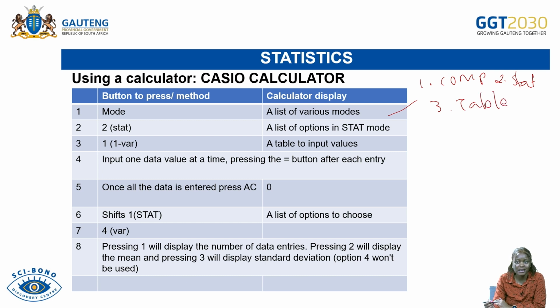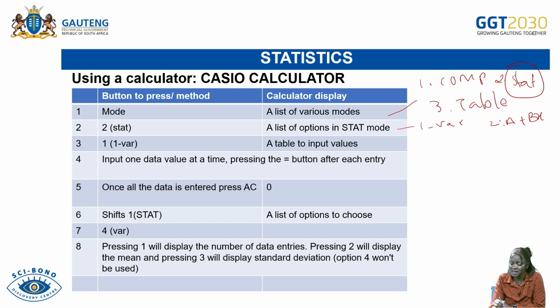So since you are dealing with stats, you'll just press number 2, which is stats, and then it's gonna give you a list of options in stats mode. You'll get number 1, which is 1 var, and then you have 2, which is a plus b times x, and then you have the other list name.